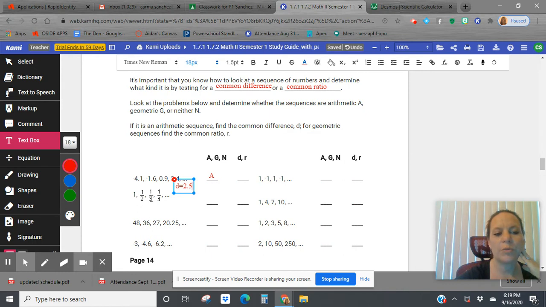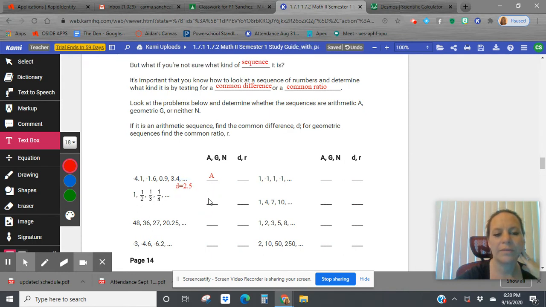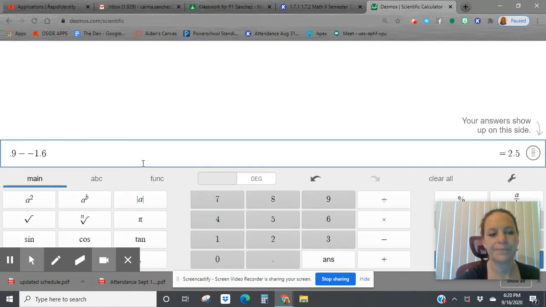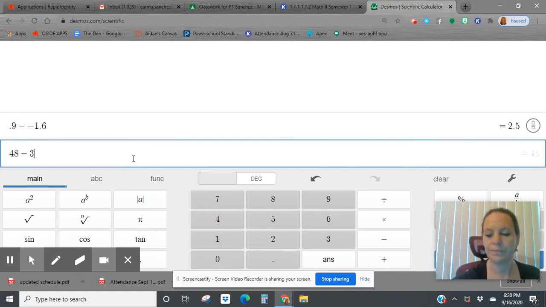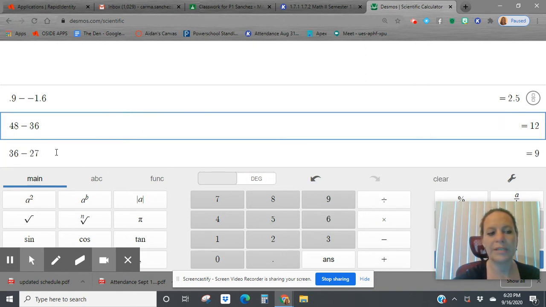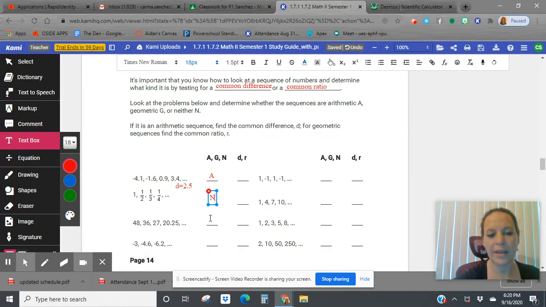Go from 1/2 to 1/3, from 1/3 to 1/4. This is not adding by the same number or dividing by the same number. So this one is a neither. From 48 to 36, 36 to 27. This one's going down by 12, going down by 9. It is not a constant, so let's go ahead and try dividing.